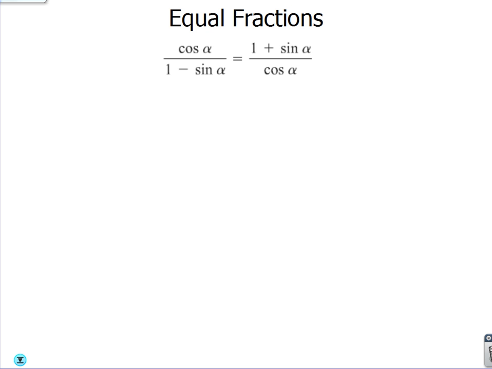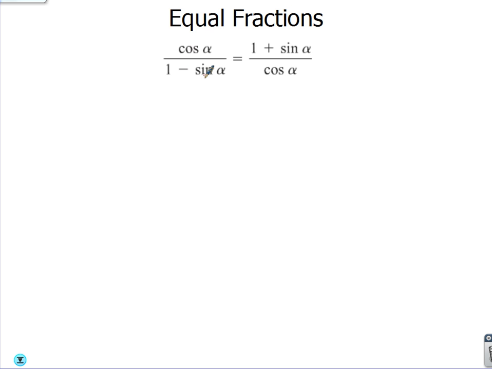Back to proving now. When you have two fractions that are equal to each other, you somehow want to make one side equal to the other side. Honestly, you can work with either side here. Something I was told in college that still really doesn't make a whole lot of sense to me, something I always wanted to do is say, oh, that's kind of like a proportion.